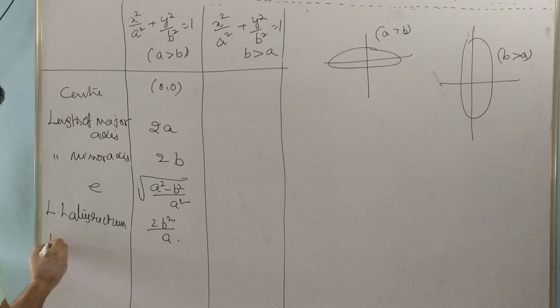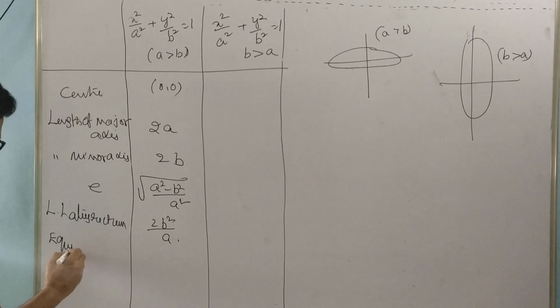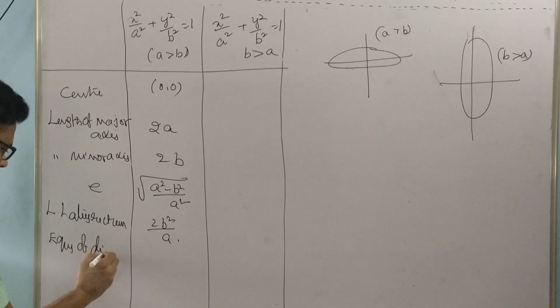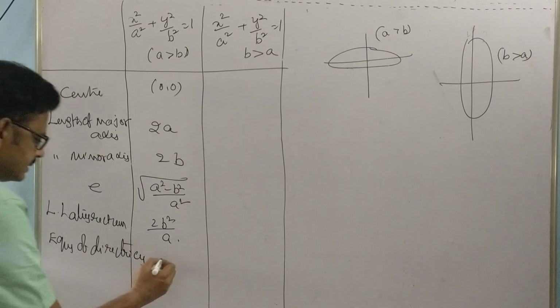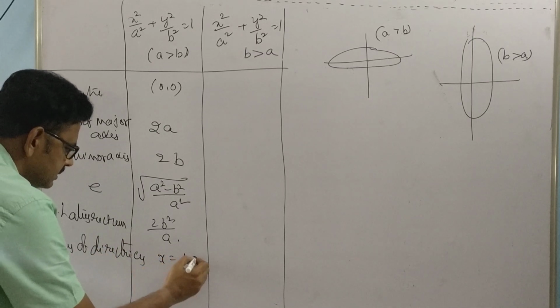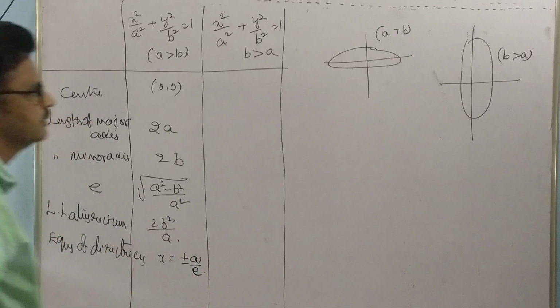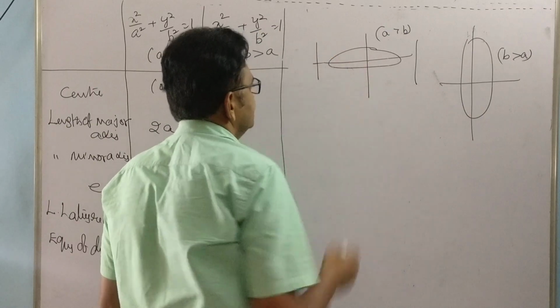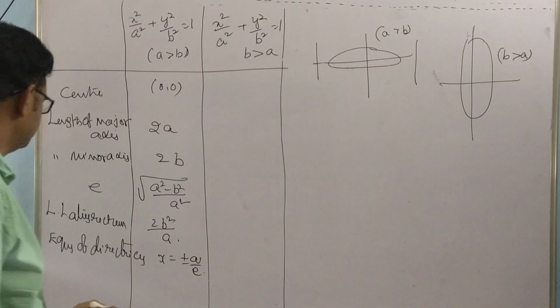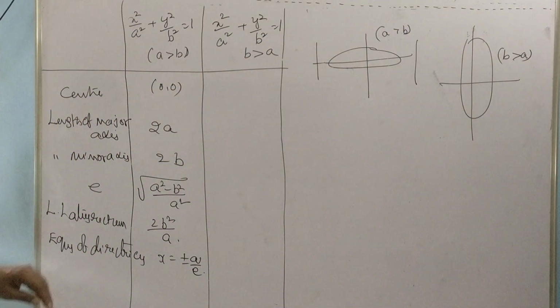Next, equations of directrices. X is equal to plus or minus a by e. So this is x equal to a by e, x equal to minus a by e. These are the directrices. And next, coordinates of vertices.